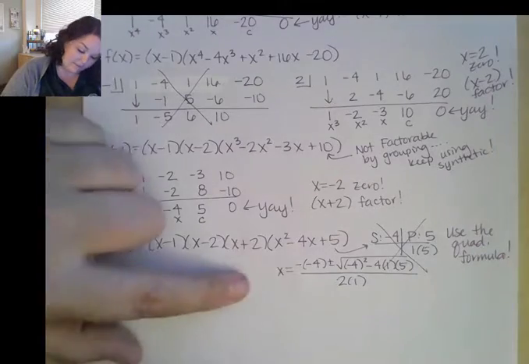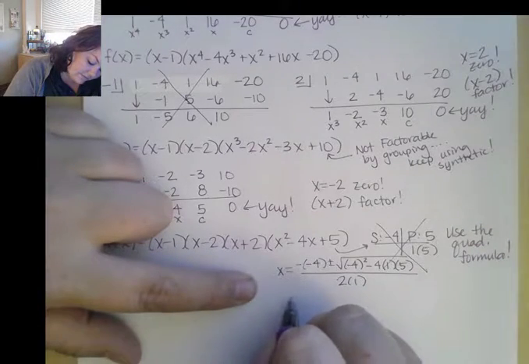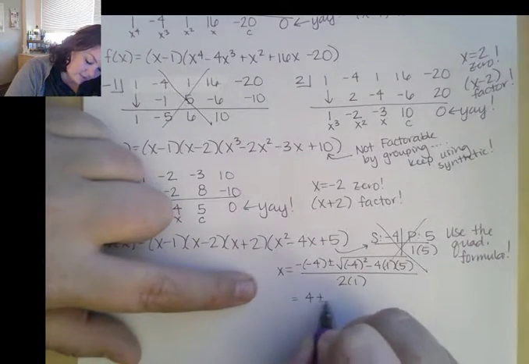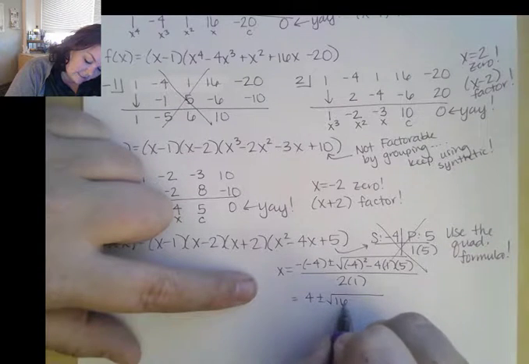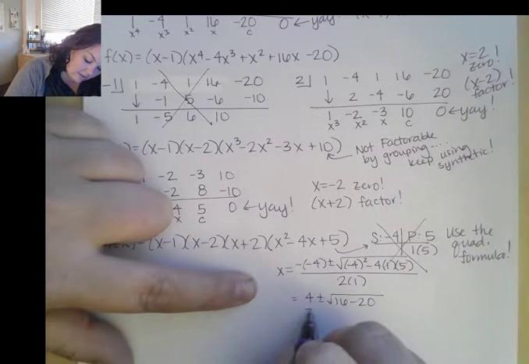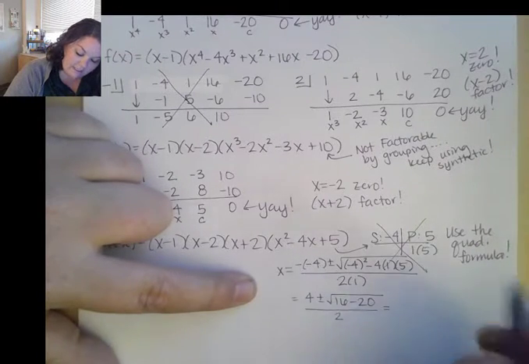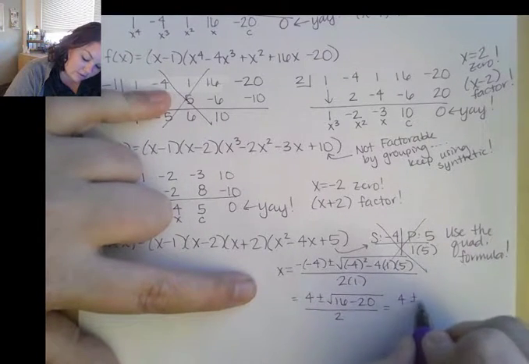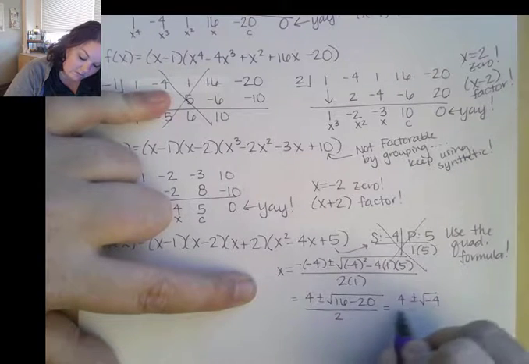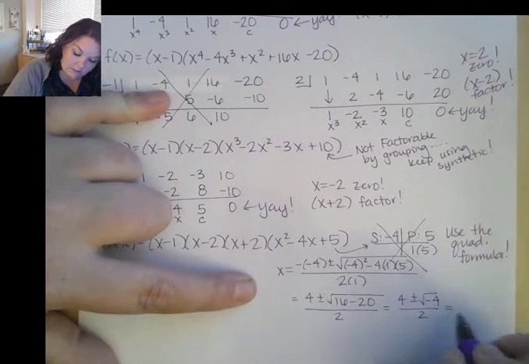And then I just need to simplify. So this gives me a positive 4 plus or minus the square root of 16 minus 20, all over 2. 16 minus 20 is a -4, so I have 4 plus or minus the square root of -4 over 2.